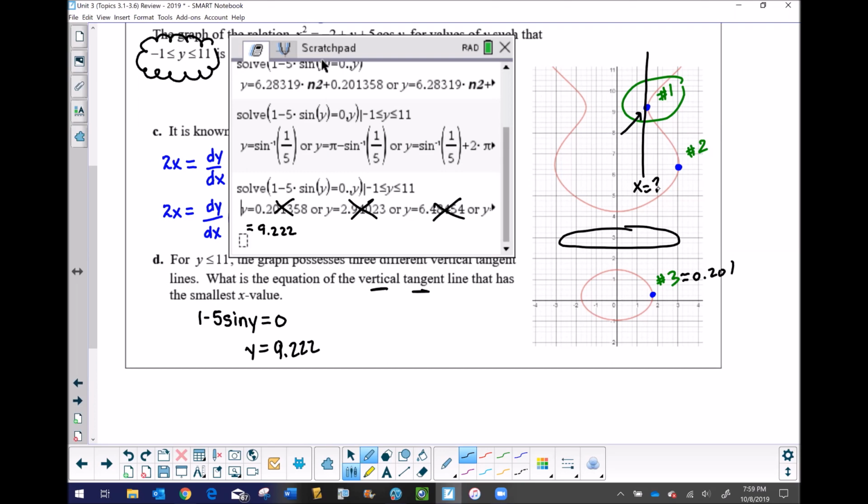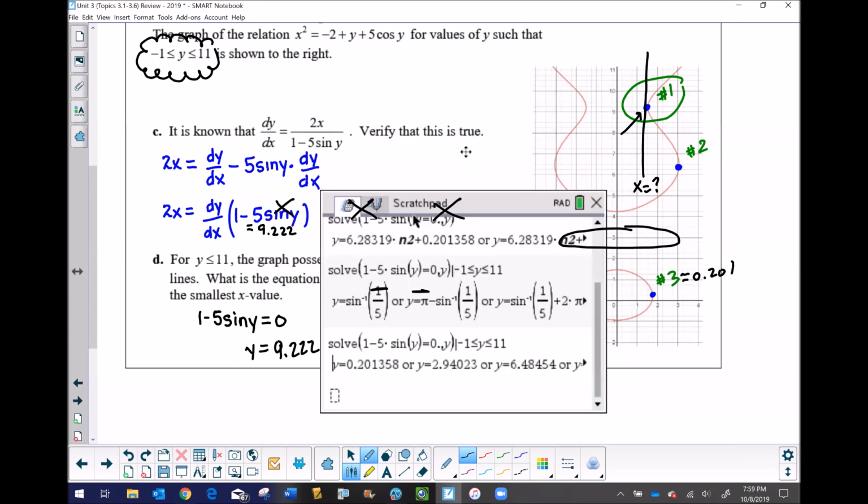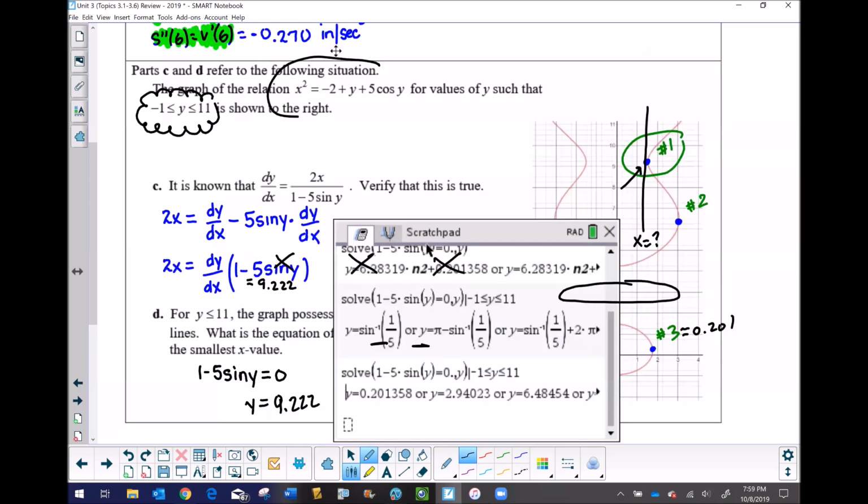Am I right? So you have to take this 9.222 and plug it in somewhere. Where do you think you're going to plug it in? We're going to plug it into the original expression. Okay? And once we do that, we should be able to solve for the x.